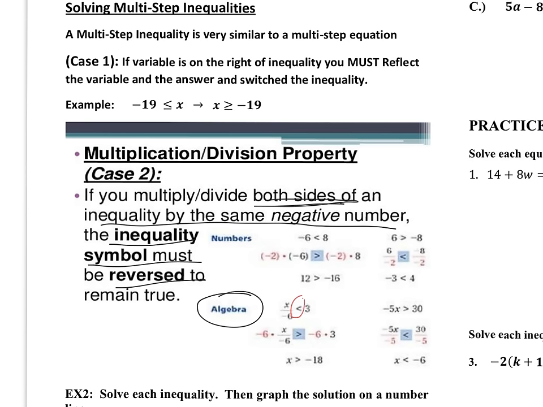So it was a less than, and it now became a greater than, because you multiplied by a negative 6. The same thing where we divided by a negative 5, it went from greater than to now less than. So remember the rule where we have to do the switching if we multiply or divide by a negative coefficient.